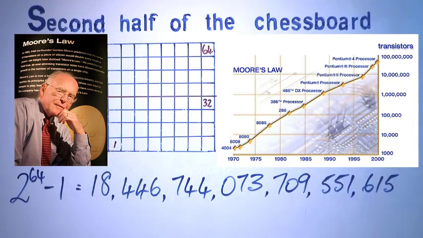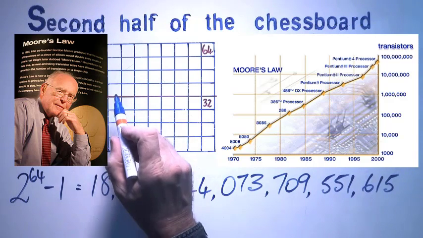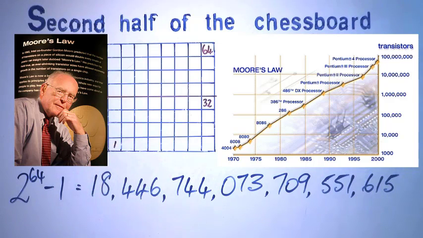Since 2013, that's 32 by 1.5 years, 48 years since 1965, we have entered the second half of the chessboard for Moore's law. Does Moore's law still hold true? Well, according to Intel, it still does for every period of 2 to 2.5 years. If you're interested in Moore's law, there's plenty about it on the internet.